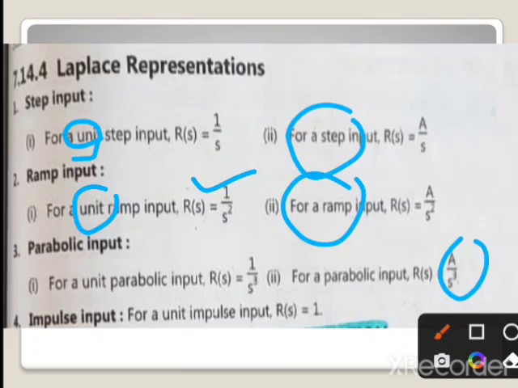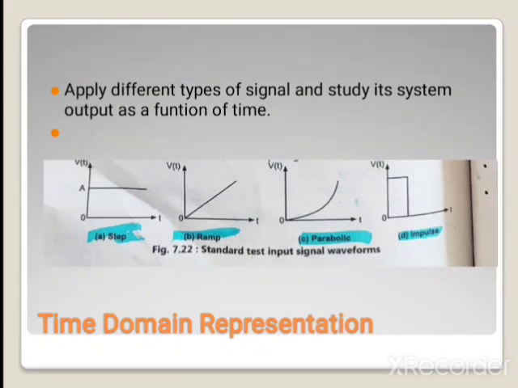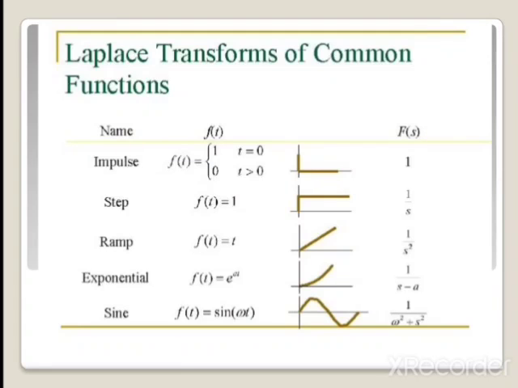And for a unit impulse input, R of s is equal to 1. So this is the time domain representation of the signal. Okay, so this is the Laplace transform of common functions.